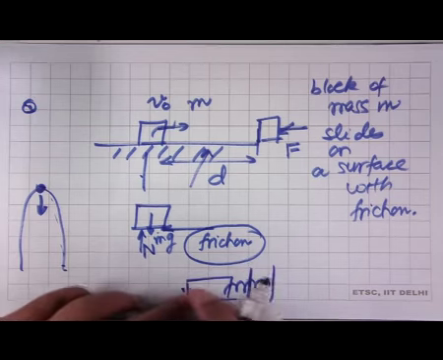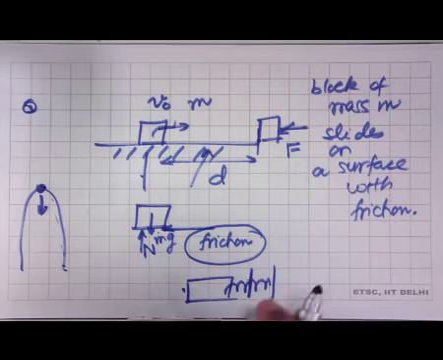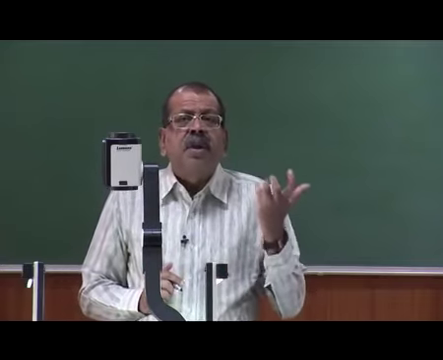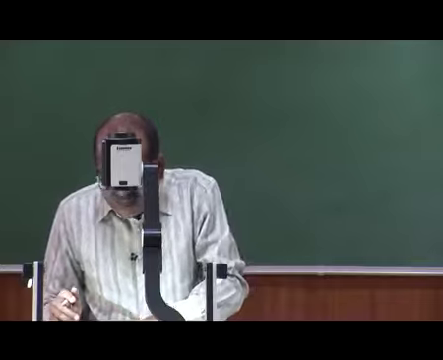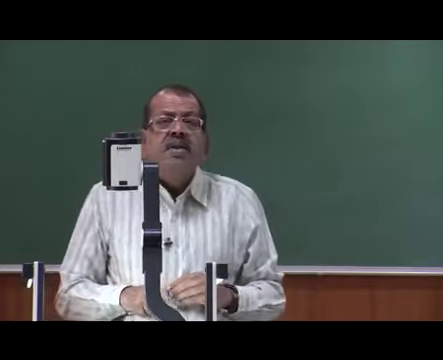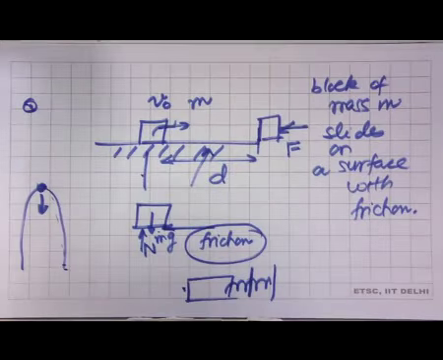In both these cases, the work done by the spring and by gravity in some sense stored some energy, whereas in the third case, the work done by friction we cannot get back. This is some sort of energy which gets dissipated.